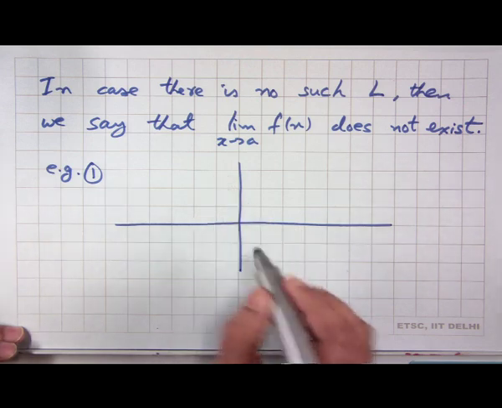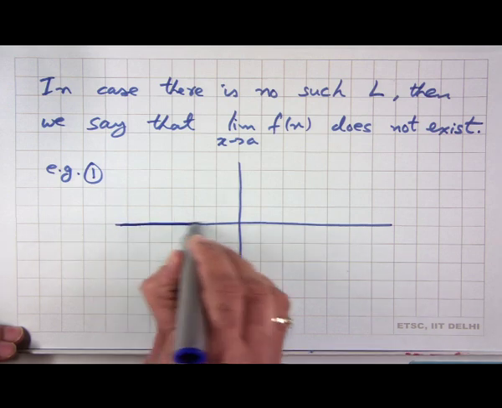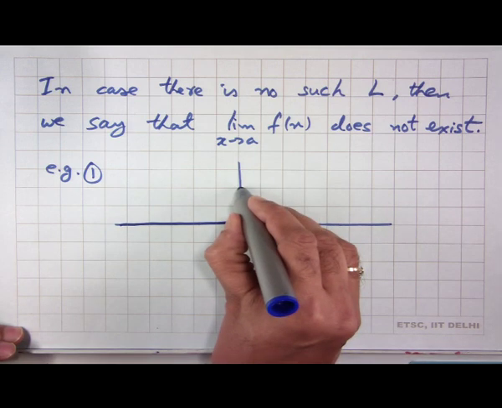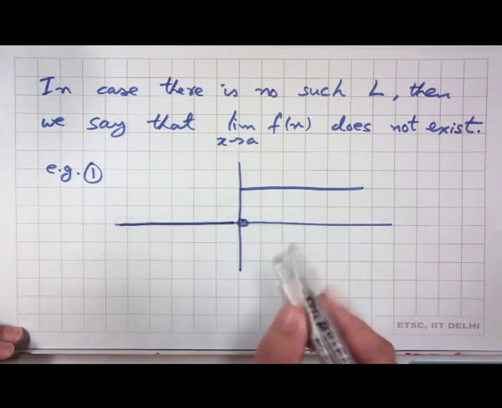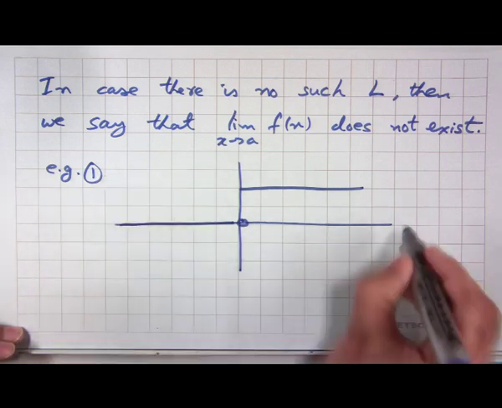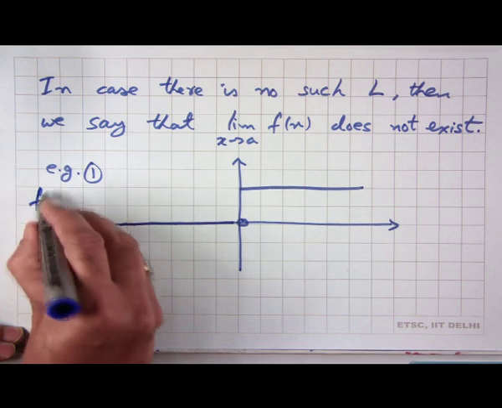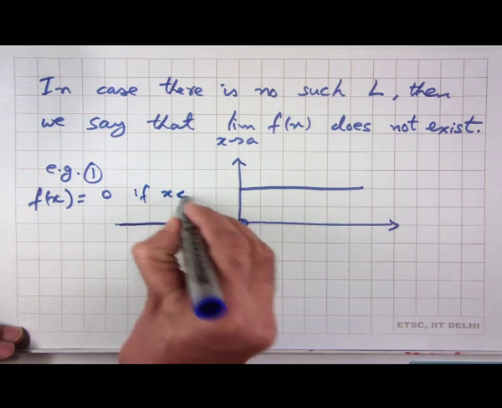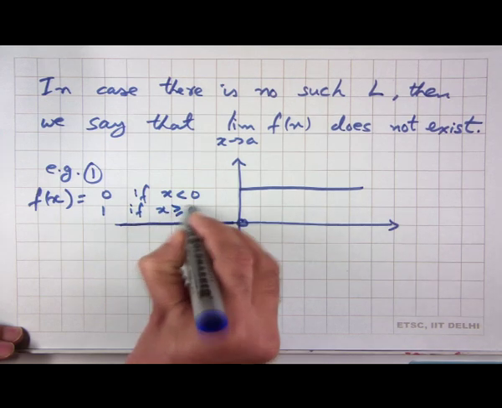Suppose I have this function f of x which is equal to 0 for x less than 0 and equal to 1 for x greater than or equal to 0.